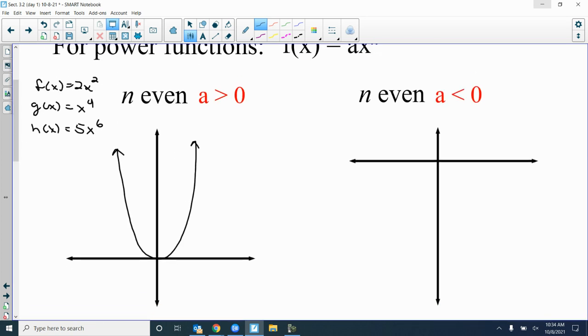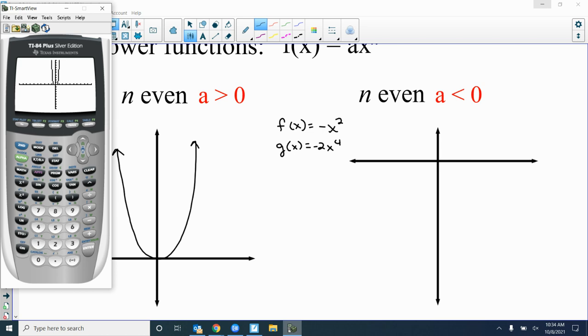Now, what if n is even and a is less than 0? So you have f of x is negative x squared, g of x is negative 2x to the 4th. What happens to our graph? Well, let's do this.